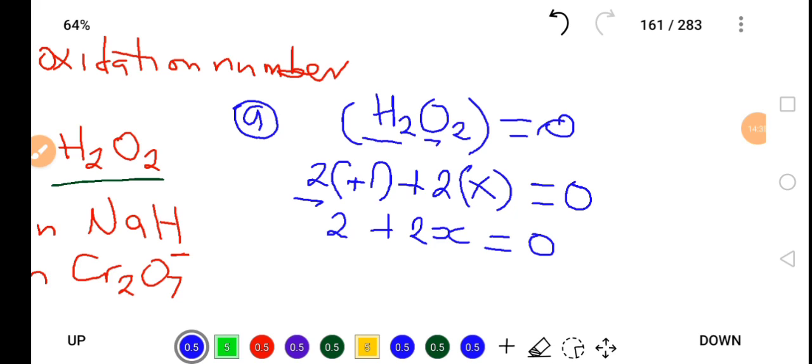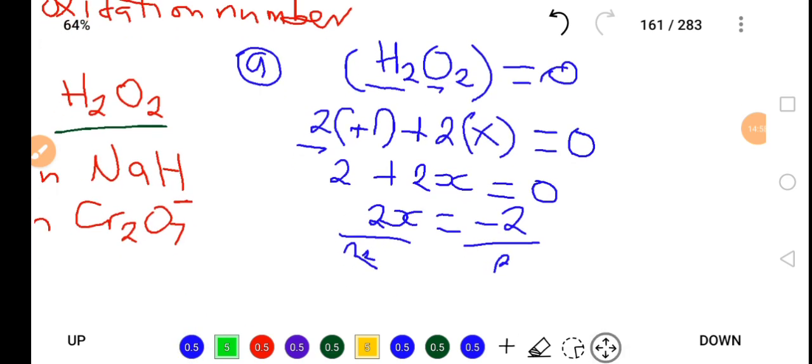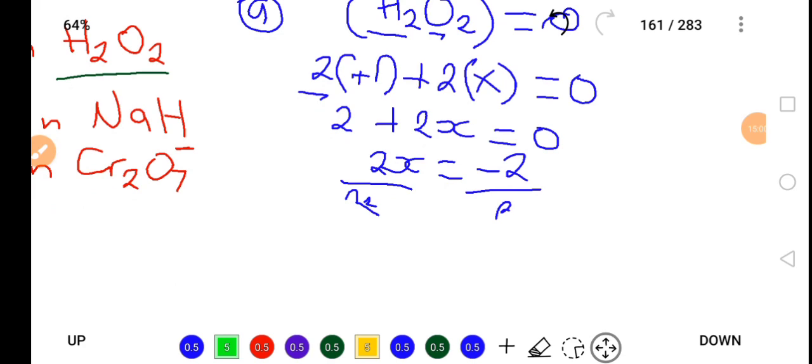We transpose the 2, it will be 2x equals negative 2, over 2, over 2.